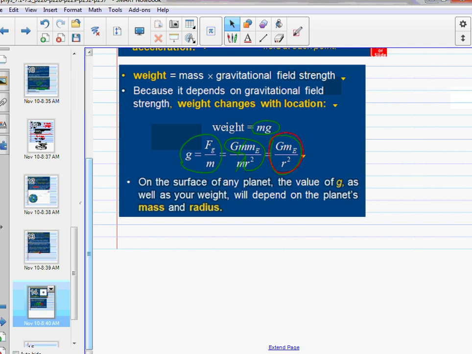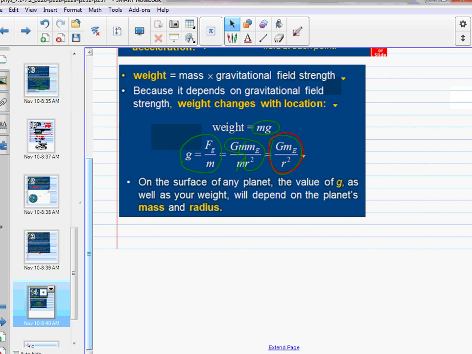Why or why not? So they say g on the moon is 1/6 of g on the Earth. Can we say that the moon is 1/6 as massive as the Earth? What do you think? No, because it also involves the distance you are away from the center of that object.